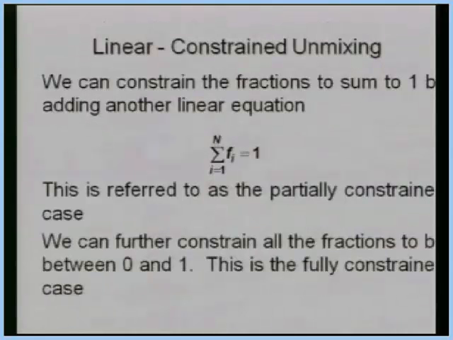So these two constraints will be added to say that the fractions all sum to 1, then this is referred to as the partially constrained case. We can further constrain all the fractions to be between 0 and 1. This is the fully constrained case.